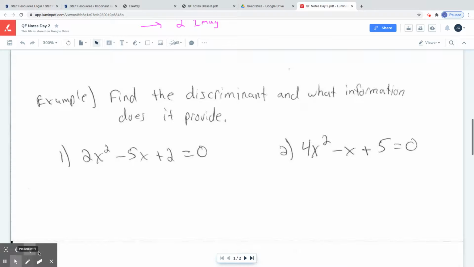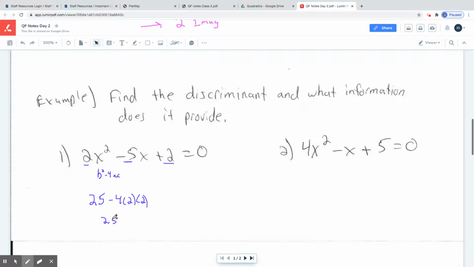All right, let's see how you did. Remember, it's b squared minus 4ac. My b is -5, so I square that and I get 25, minus 4 times a, which is 2, times c, which is 2. 4 times 2 is 8, 8 times 2 is 16.